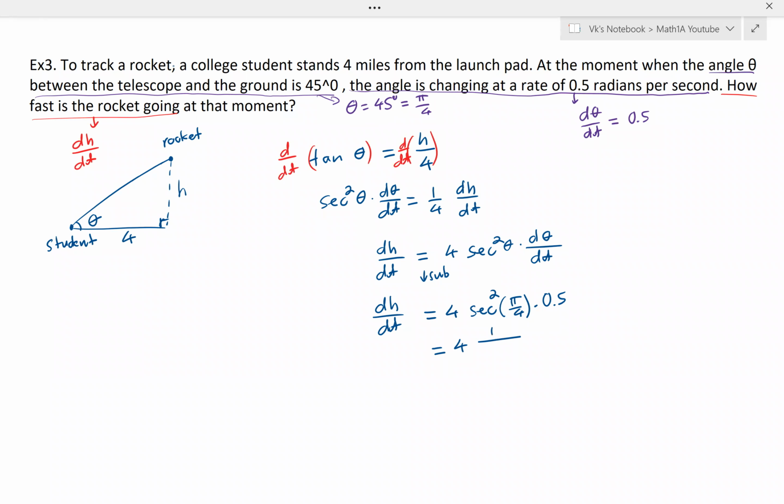So it's going to be 1 over root 2 over 2 squared times 1 over 2, times 4. Multiply this together, we have exactly 4. And the unit is miles per second. Oh, it's going pretty fast.